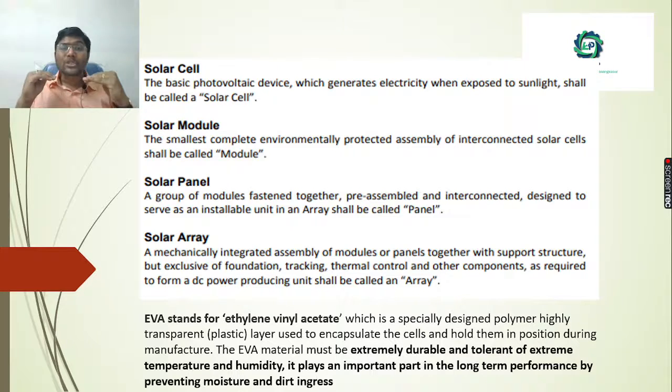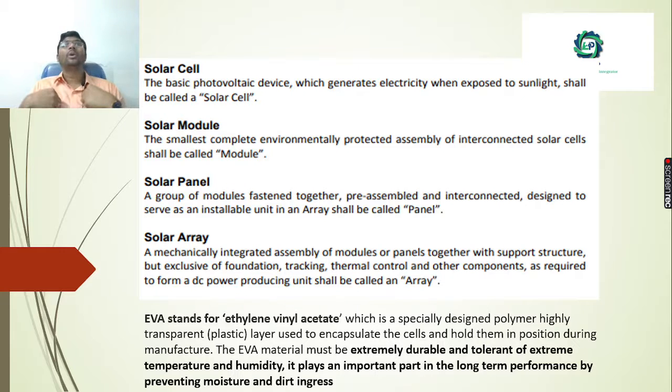And what is a solar panel? When a group of modules are fastened together, pre-assembled and interconnected, and designed to serve an individual purpose, and we are able to install them as a single unit, then we refer to it as a solar panel. And what is a solar array? Say, for example, we prepared or bought one panel of 300 watts.